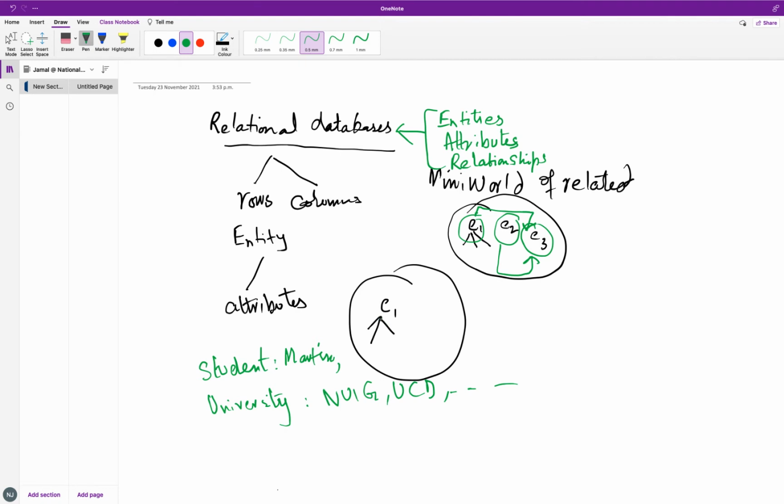For example, if you are a student, then obviously your registration number is the primary key of that student table. PPS number could be a primary key. What else? Some sort of passport number, right? So it depends. We can define the primary key.